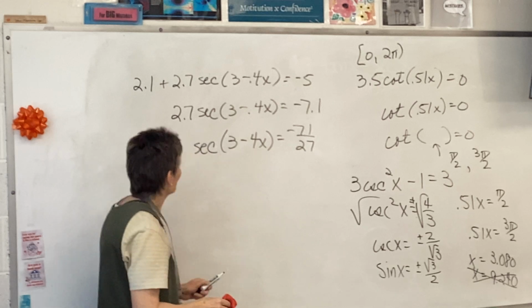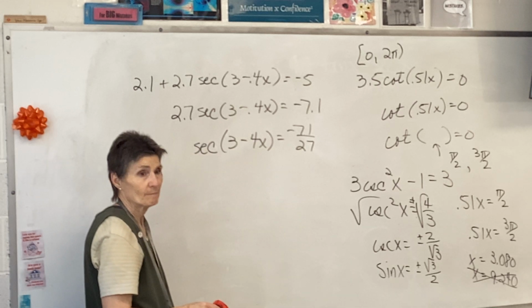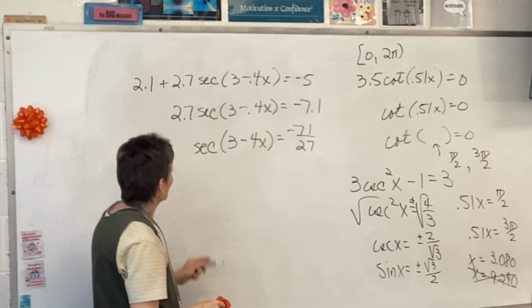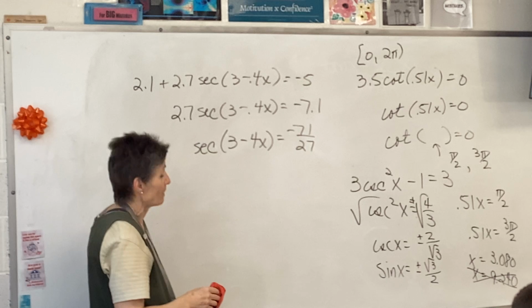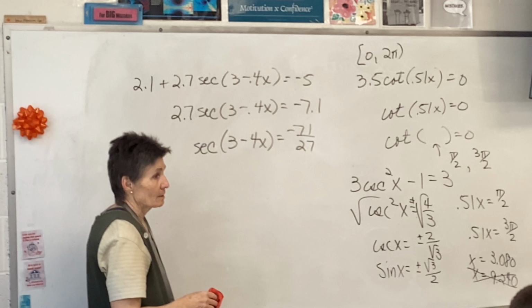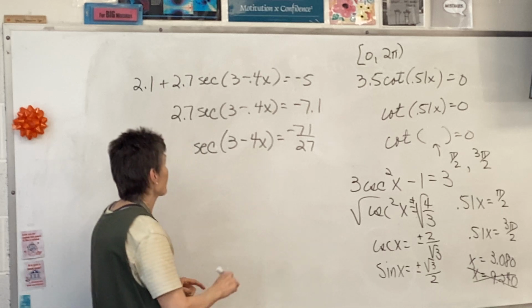Everybody okay with what I've done so far? Is that okay? And 7.1 in the numerator, so I just got rid of the decimals, times them by 10. I don't want to deal with the decimals.